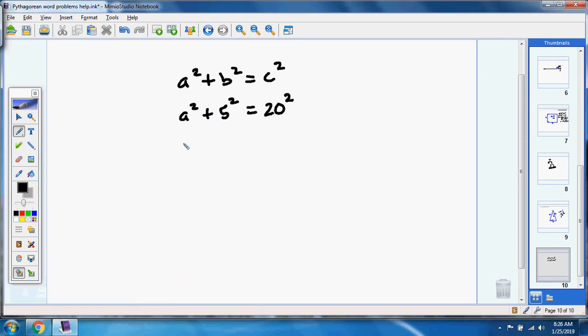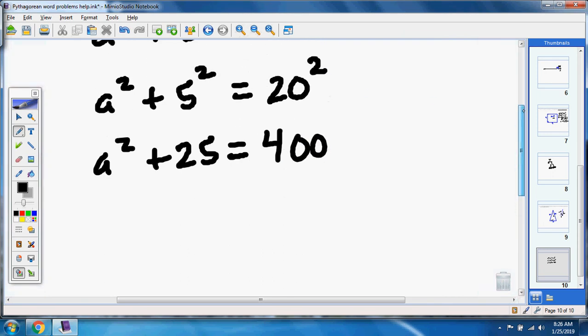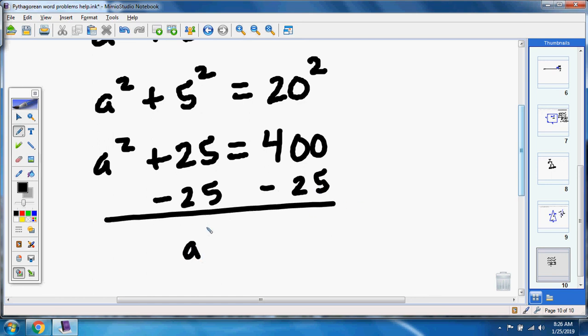So I really have a squared plus 25 is equal to, what's 20 squared again? 400. Very nice. So for this problem, since I'm trying to find a instead of c, I really need to subtract my 25. Not going to add it. So that means a squared is equal to 175.